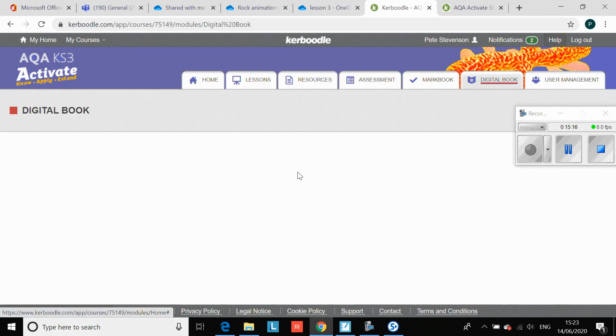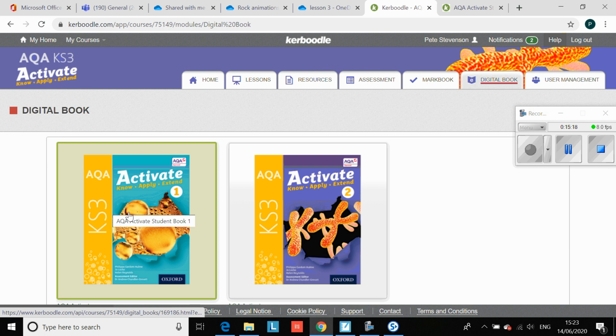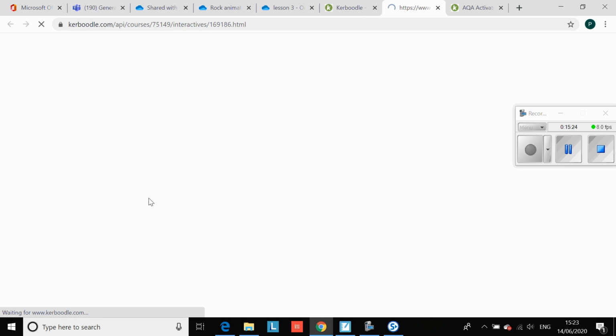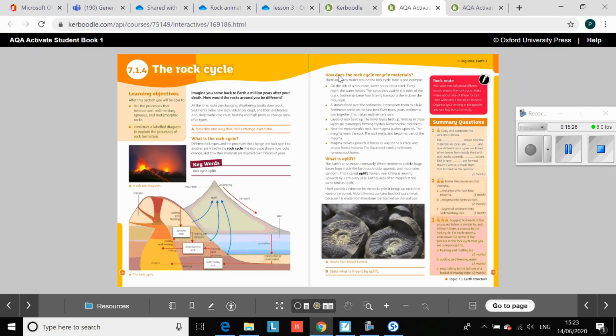You go to Digital Book and you want this one, Activate 1. If you click on that, you want page 144. So just go to the page number at the bottom. I'm already on it, but just type in 144. It would come to this page, and it tells you about the rock cycle.